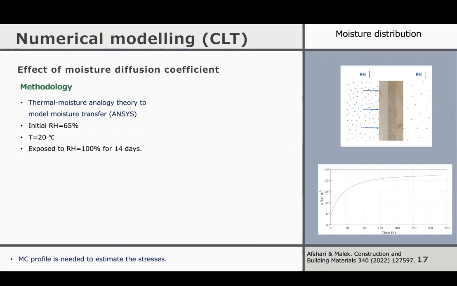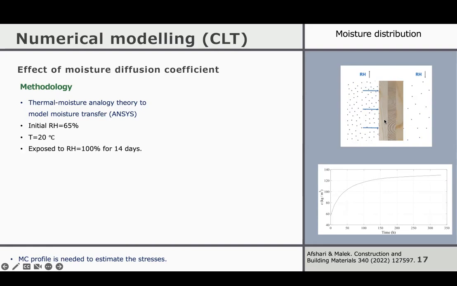So we took this research a bit further with Zahra, my previous master student. We looked at the effect of the moisture diffusion coefficient when we have a transient phenomenon happening. For example, if we expose the two edges of CLT to different moisture contents, so we have a moisture gradient, what happens?